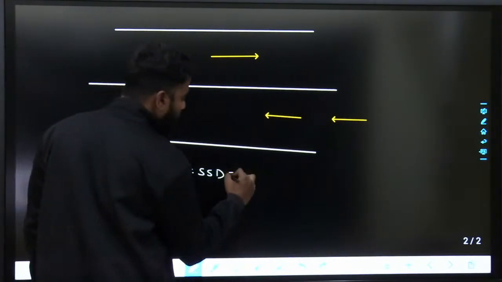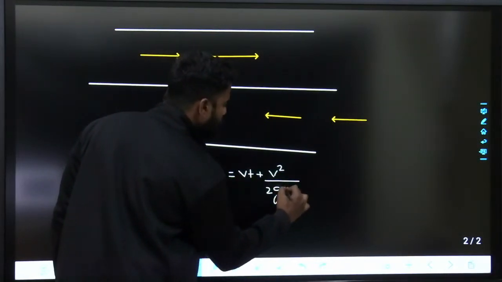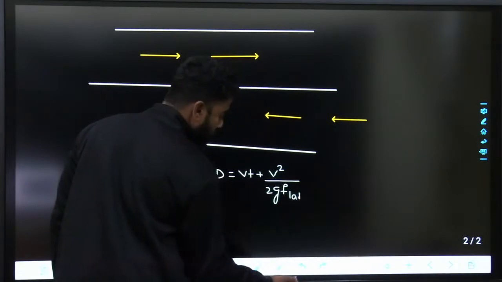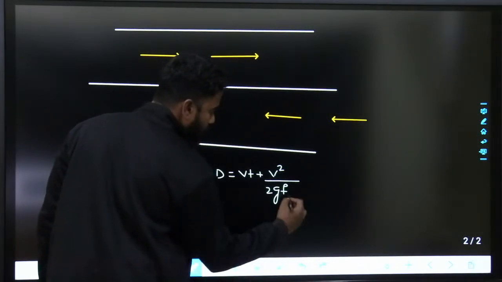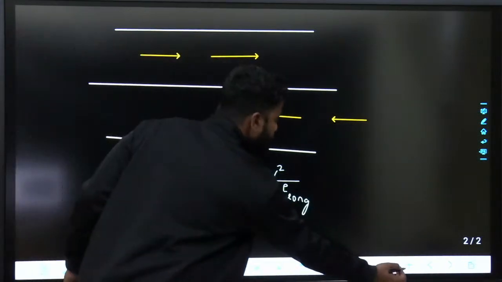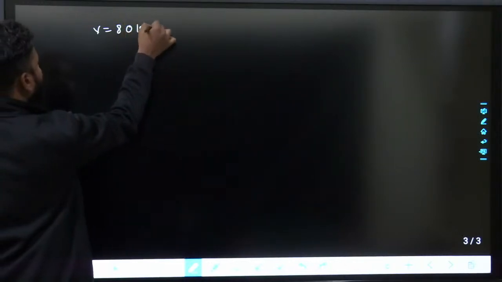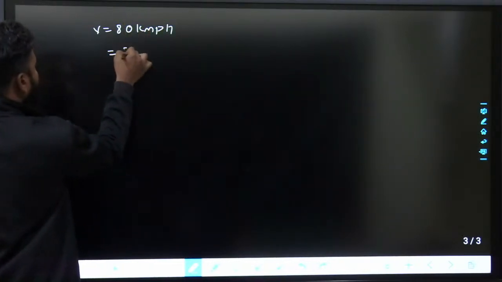How will you calculate this? Vt plus V square upon 2g f, longitudinal, right? V is given as 80 kilometers per hour.